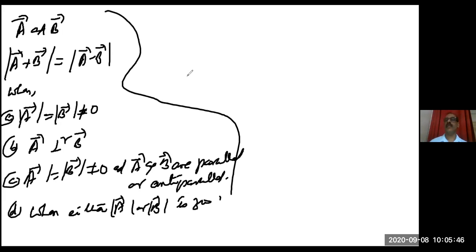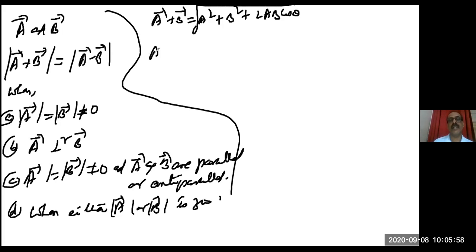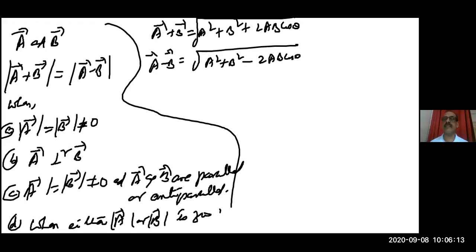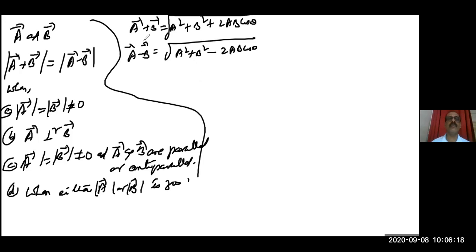First let us solve it. Modulus of A plus B is equal to root of A squared plus B squared plus 2AB cos theta. Modulus of A minus B is equal to root of A squared plus B squared minus 2AB cos theta. We are taking only the modulus of it. Now we can equate it.